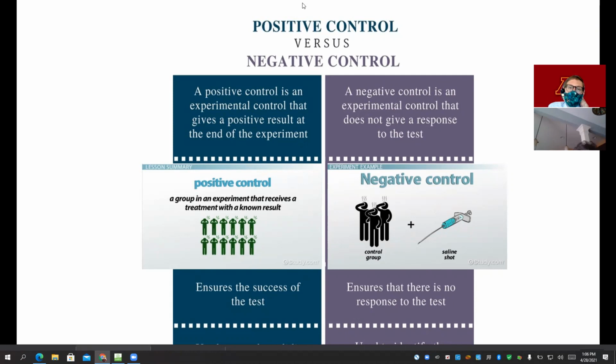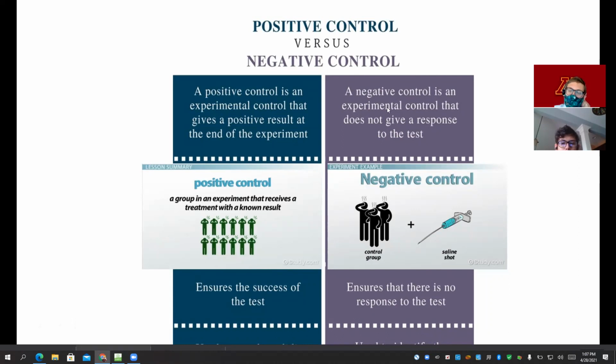And the positive control versus the negative control are going to be how you get there. So positive is that experimental group where you get a positive result at the end of the experiment. So you make sure that it's actually working. If you know the result, you're going to give a drug that you know the outcome of. That could be your positive control, and it ensures the success of the test.